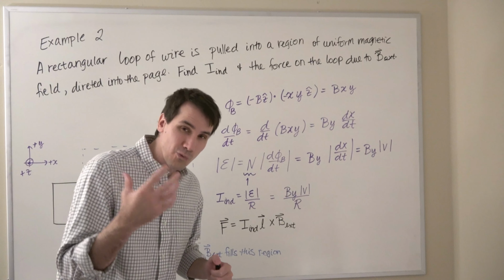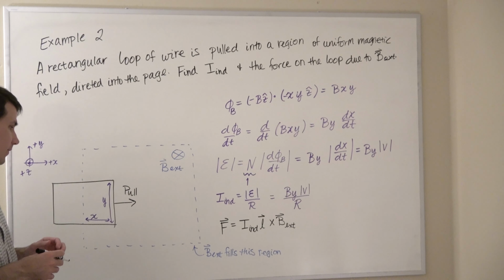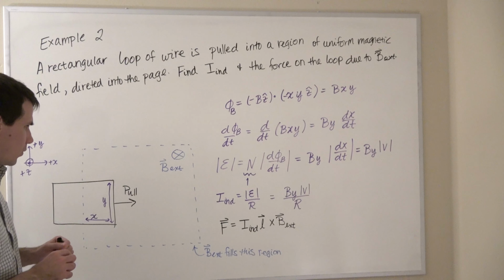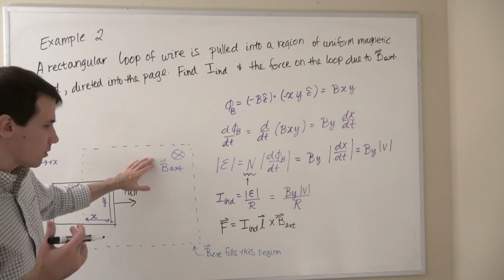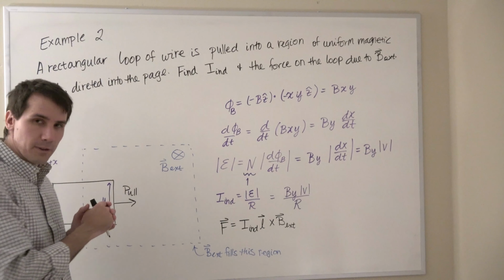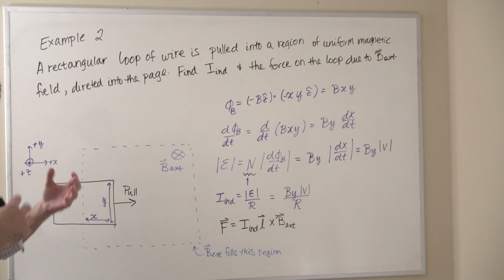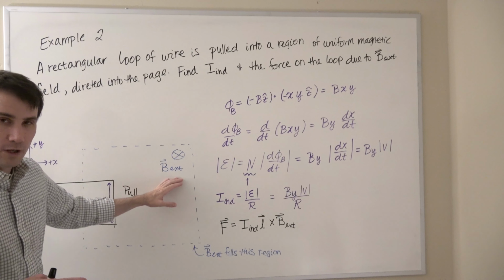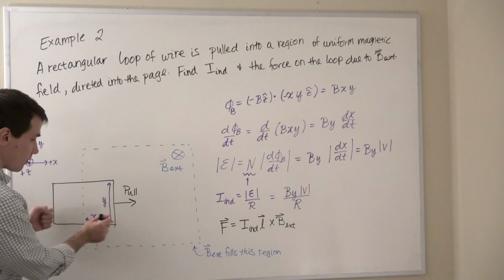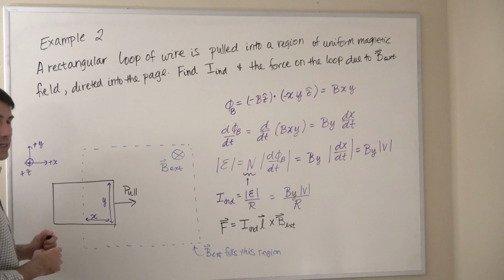Let's find the direction of that induced current using Lenz's law. Okay, so what's happening is that we have an external magnetic field into the board, and the flux through the loop is increasing. Not because we are getting a stronger magnetic field, but because as we move to the right, our area is going to increase.